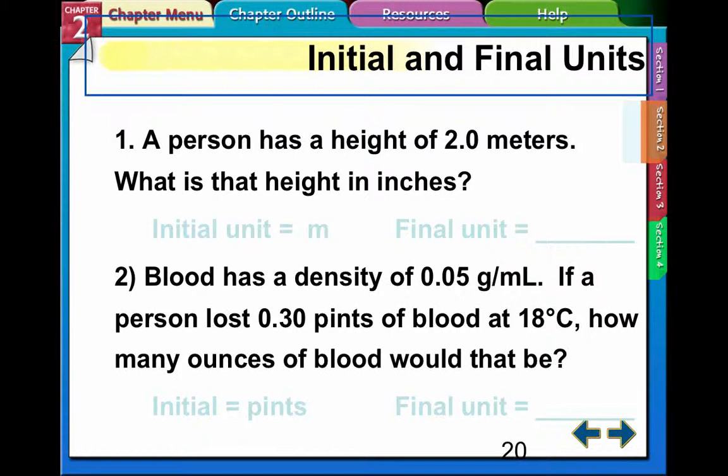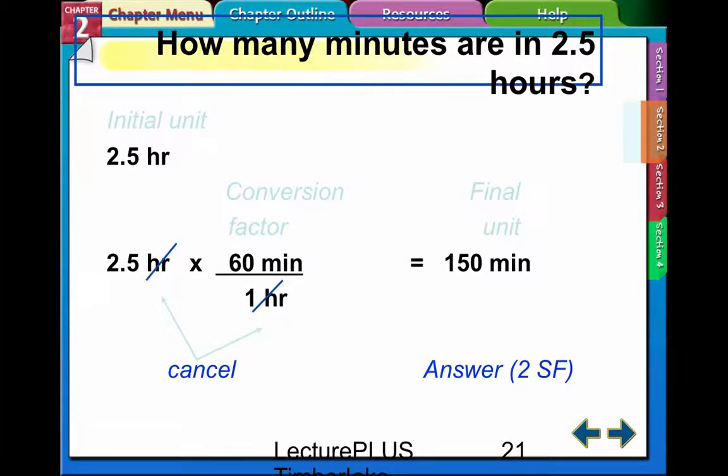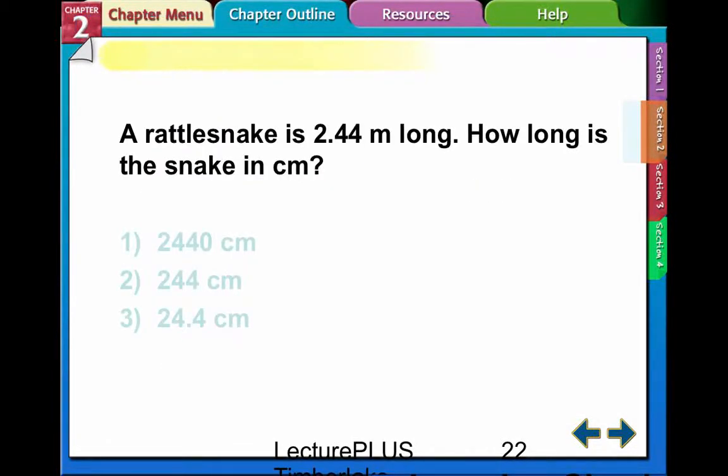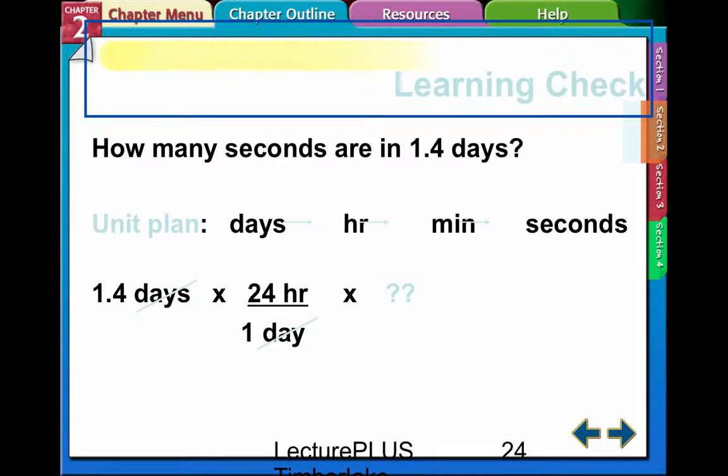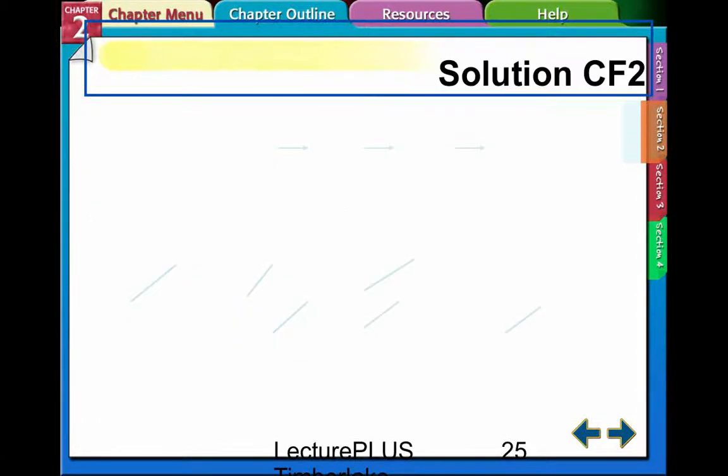See if you can answer these 2 questions. Just more practice with dimensional analysis.